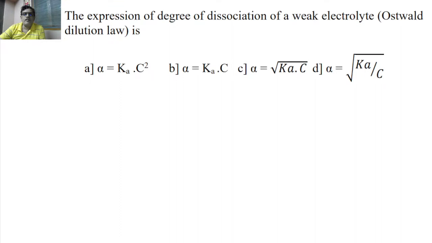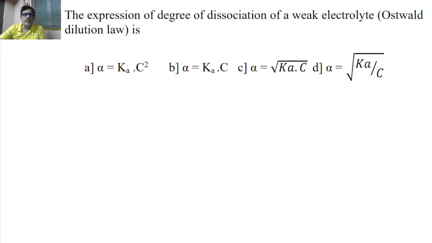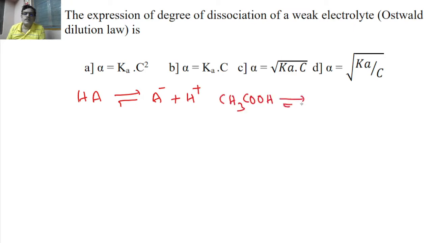The expression for the degree of dissociation of a weak electrolyte is, say, this is about the derivation of the expression. So we shall consider a weak acid like HA, which dissociates to give the anion A minus and H plus, or you may consider a particular example, say CH3COOH dissociating into CH3COO minus and H plus.